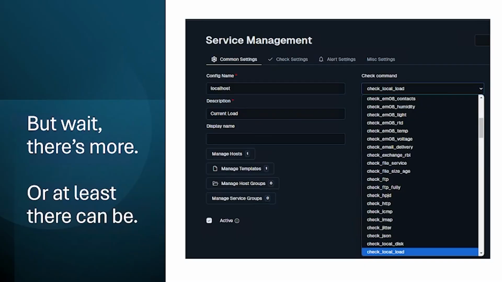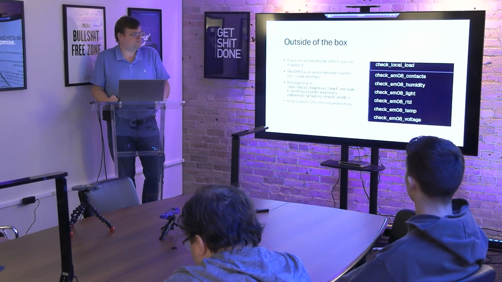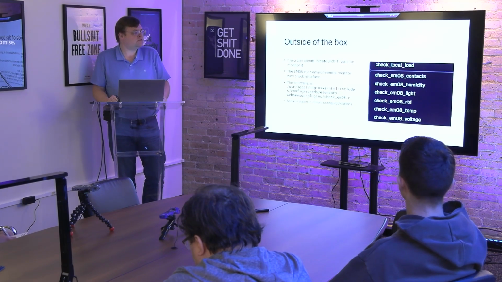That's all sorts of check commands that you can do. But there's more than that, or at least there can be if you're so inclined. Just as a quick example outside of the box, all those check EM08s are for an EM08 environmental monitor. That's what the EM is for. We've got a few of them laying around the office.